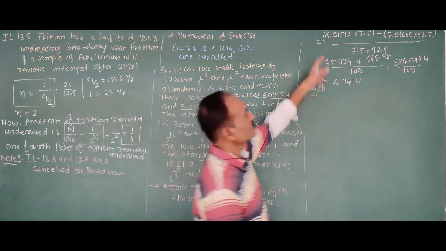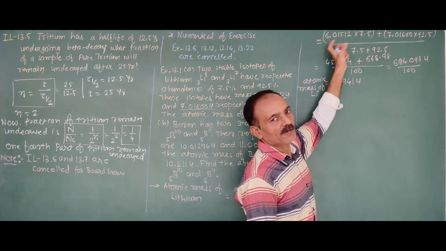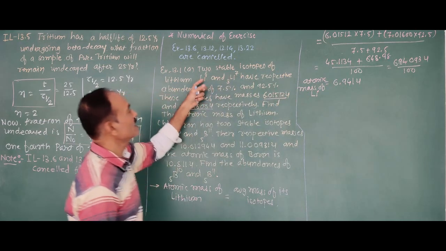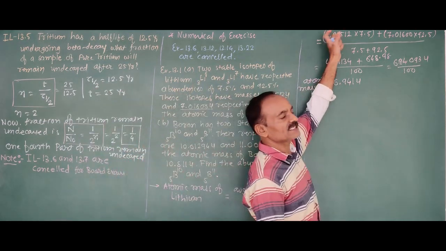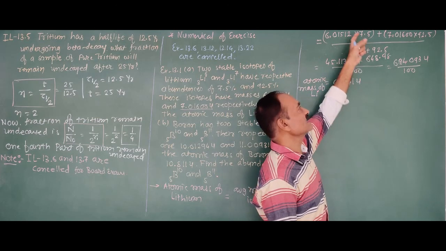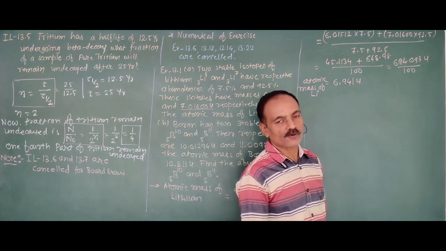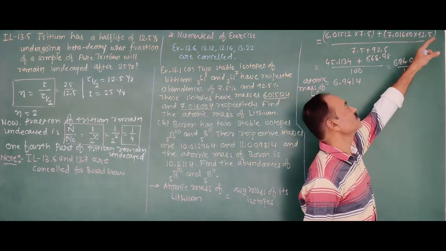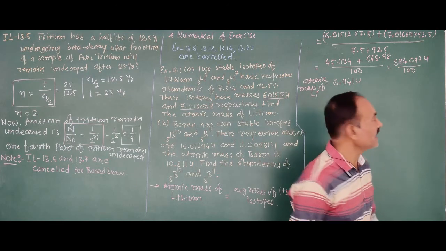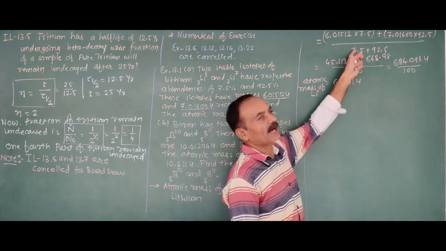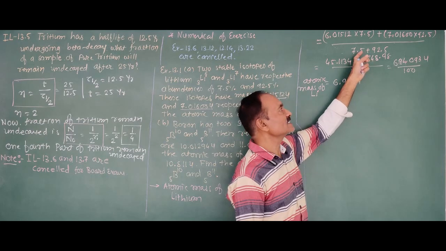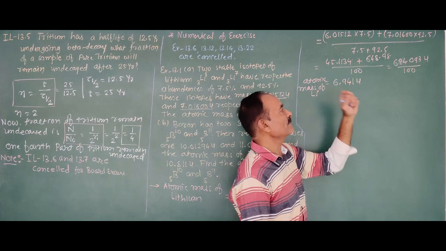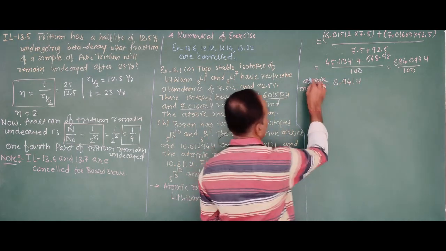The first isotope, lithium-6, has mass 6.01512, percentage 7.5, plus the second isotope, lithium-7, mass 7.01600, percentage 92.5, divided by the sum of the percentages, 7.5 plus 92.5. As we simplify, we obtain the atomic mass of lithium.